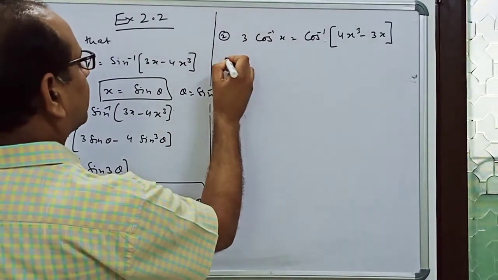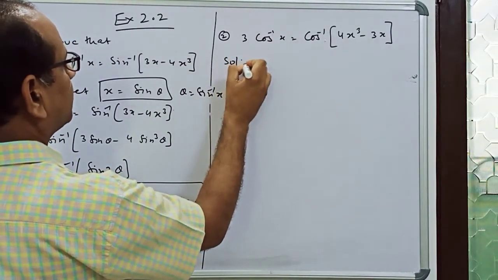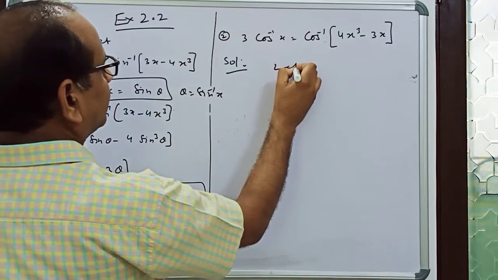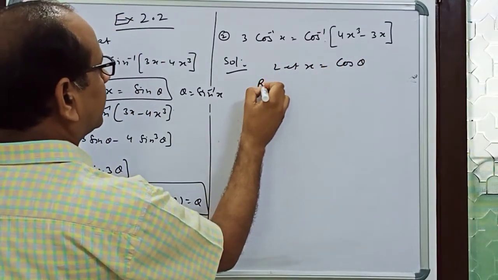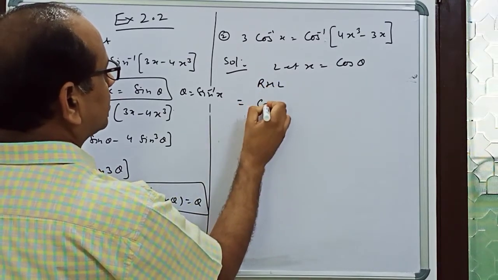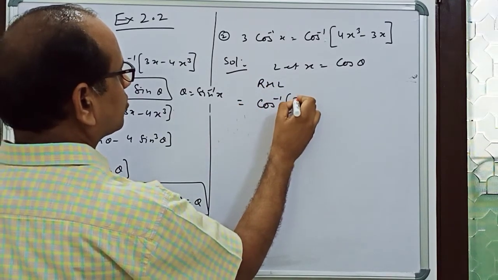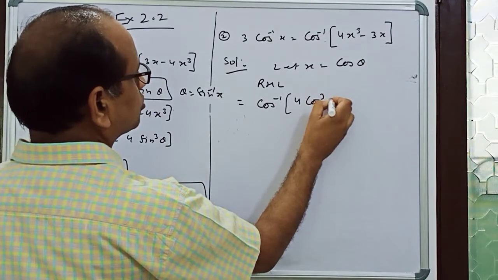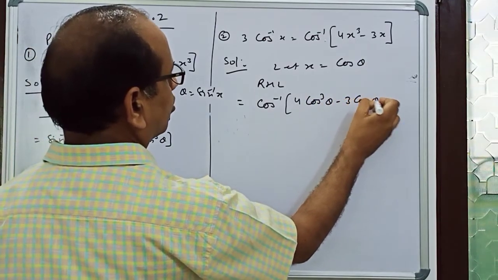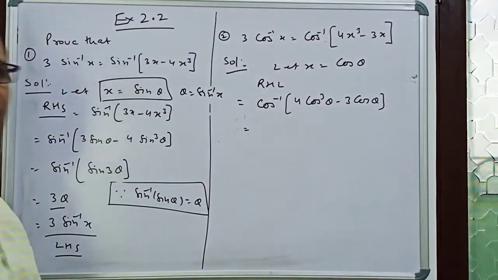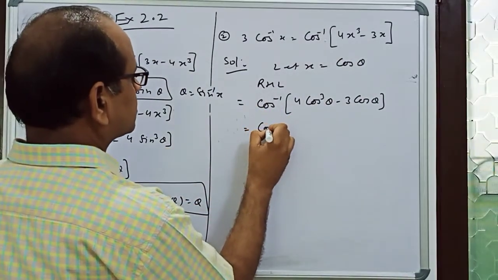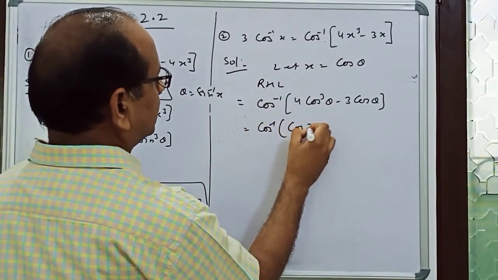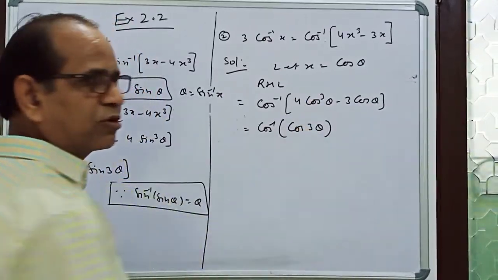Now I am not taking much time for this. See, the first part is, let x equal cos theta. Then in the RHS it is cos inverse (4 cos cube theta minus 3 cos theta). And now you all know that the identity is cos inverse of cos 3 theta. This is the formula for cos 3 theta.